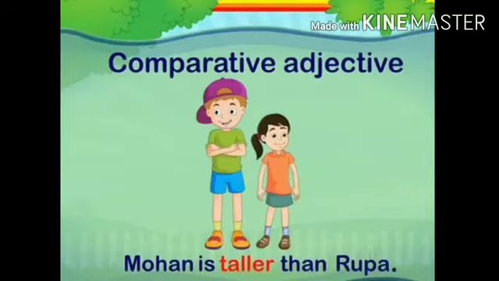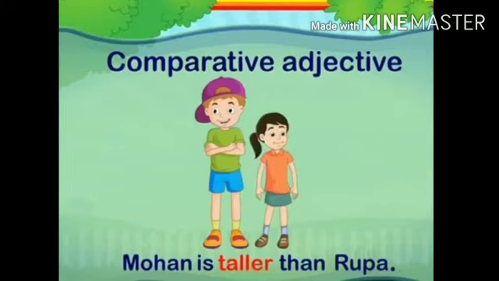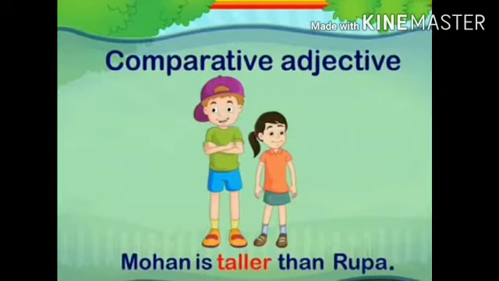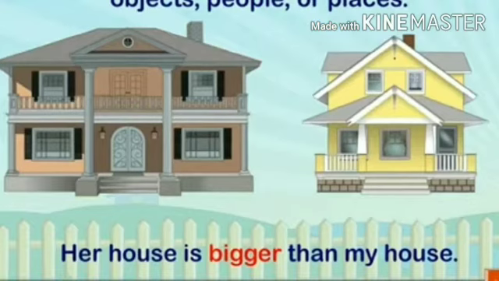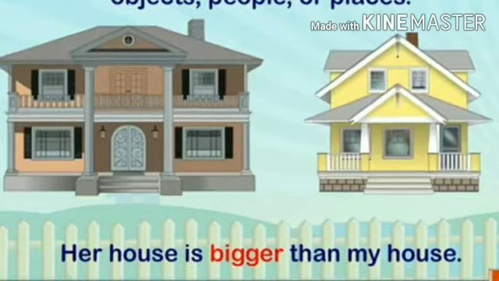Mohan is a boy, and yes, we can see he is taller than Rupa. So here what do you see? The comparison between two children, a boy and a girl. And we have used the comparative degree. What? Taller. So what is taller? Comparative degree.